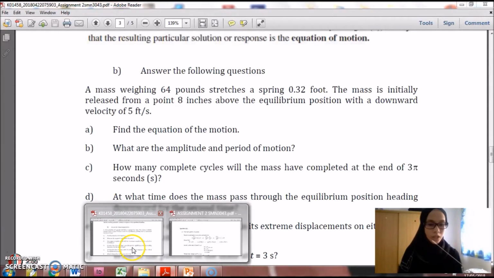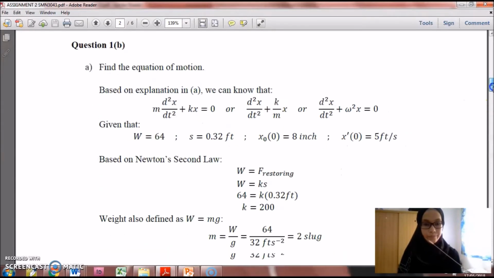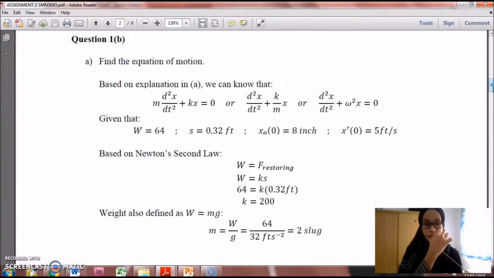So here is the calculation. Based on the explanation in A, we know that this equation is equal to 0. Given that the weight is 64 pounds, the stretch is 0.32 feet, the distance is 8 inches, and the velocity at time 0 is 5 feet per second.